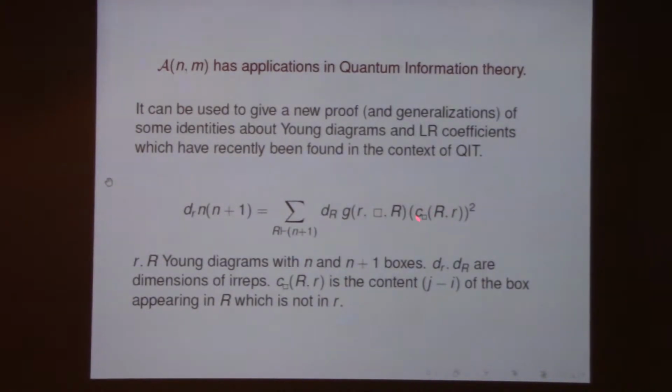You take the square of that content, and it turns out this is an identity that is important in quantum information theory. I'll outline roughly why. We have an algebra which seems to know a lot about these Littlewood-Richardsons, so you would think maybe the algebra knows why this is true. And that is indeed true.